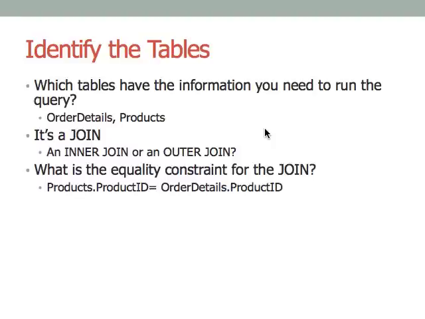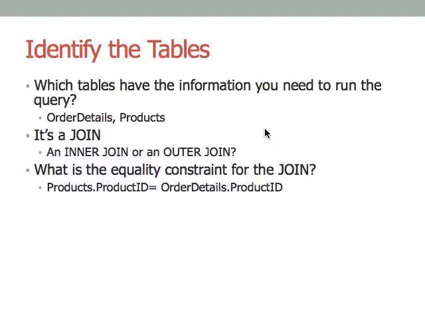Whether you do left or right is a decision that you make. And always while you're doing the inner join, you're keeping in mind which attribute is common between those two tables. So here we have product ID, that is the primary key in the product table, and a foreign key in the order details table, which helps us do the join in these two tables.